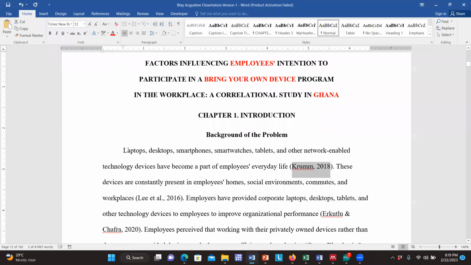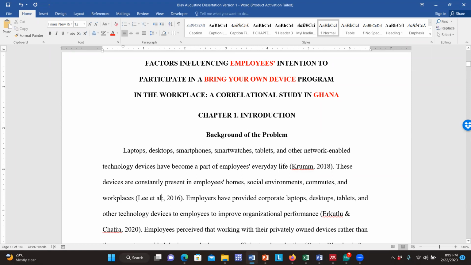So the main idea here is he's talking about laptops and all that because he wants to talk about BYOD, that's bring your own device. And he says that this has become what? Part of employees' life. Evidence, right? It says these devices are consistently present in employees' homes, social environment, commute and workplaces.